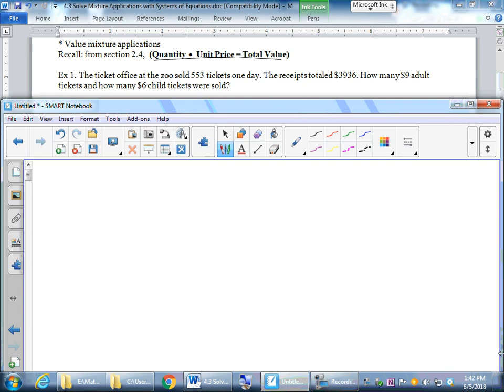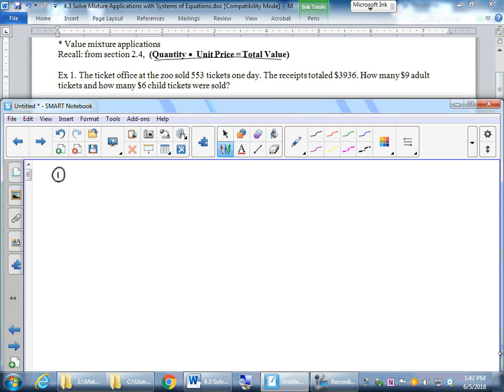The ticket office at the zoo sold 553 tickets one day, and the receipt is a total of $3,936. How many $9 adult tickets and how many $6 children tickets are sold? So our first step will be defining unknowns.